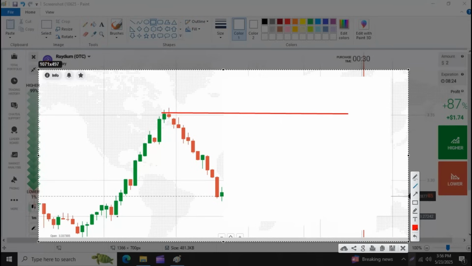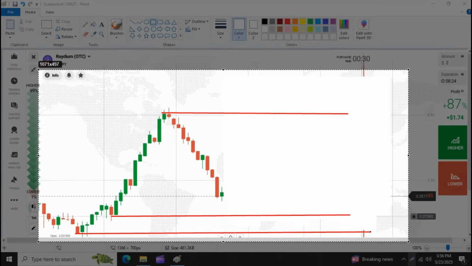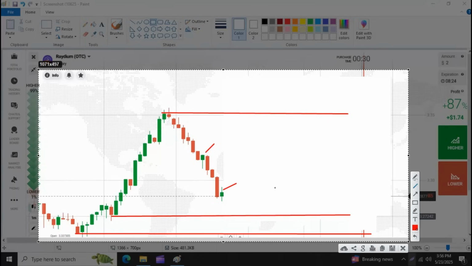Here we have a support and here we have another support. Now here you got buyers and here you got buyers. It is a retracement. Why? Because in the middle of the momentum you may get one or two retracements. That's common in the market.